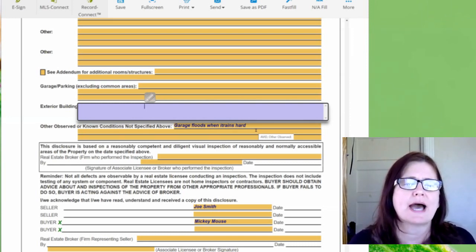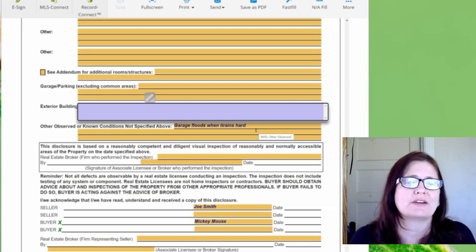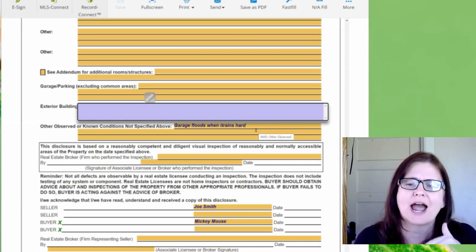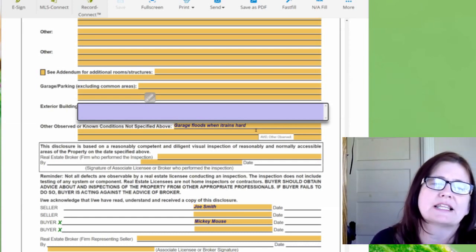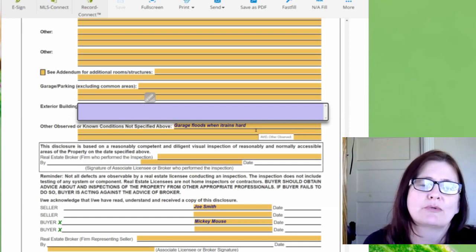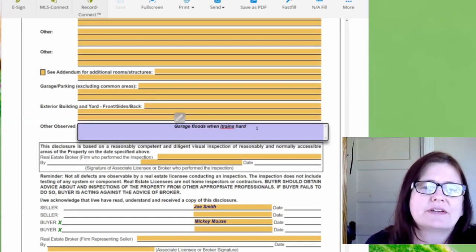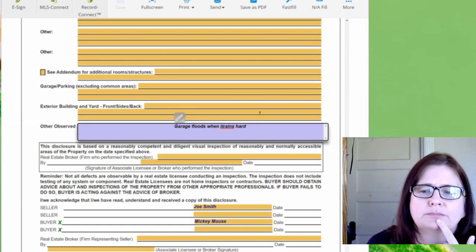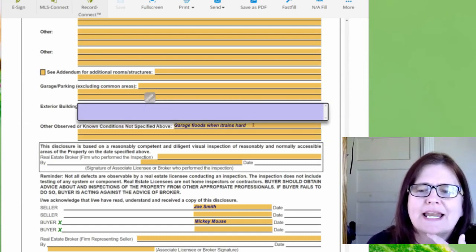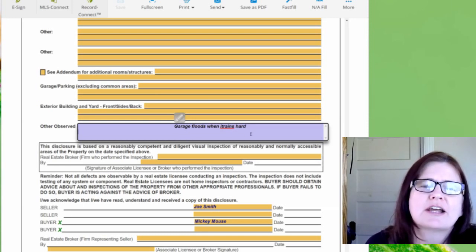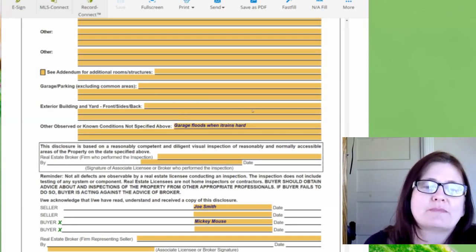In reality, the buyers don't read everything, or the sellers don't read everything, even though they have to. I would hope they're at least reading the SPQ and the TDS, where it would be disclosed by the seller, but it's not bad to have it here as well. On this example, garage floods when it rains hard, who's to say what hard means, right? So I wouldn't word it like that.